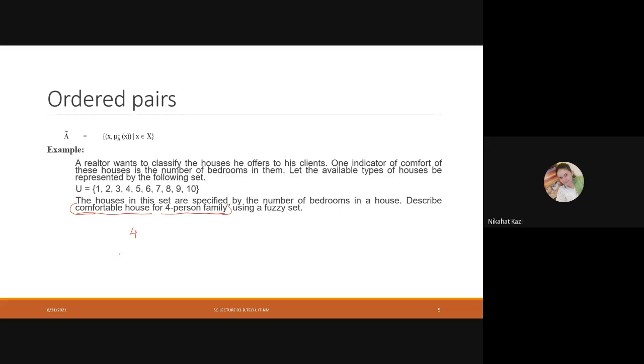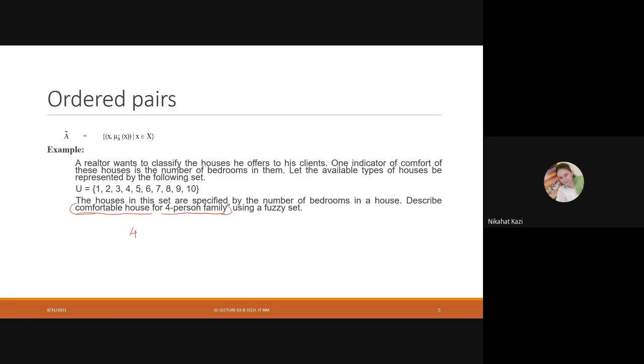If the house has 4 bedrooms, it will be very comfortable. If it has 3 bedrooms, you can say it is also quite comfortable. So you can say 3 and 4 have a membership of 1.